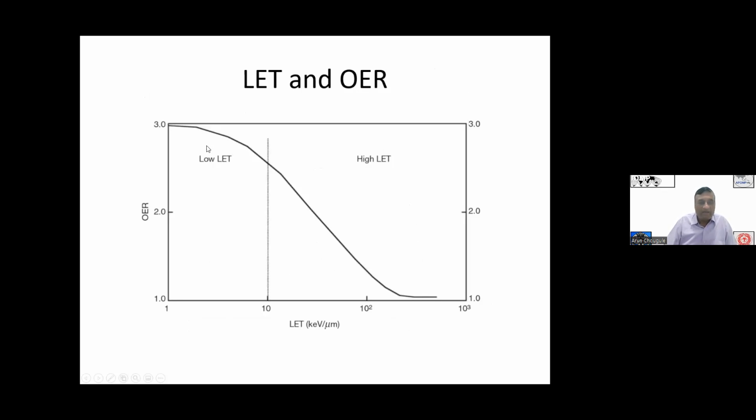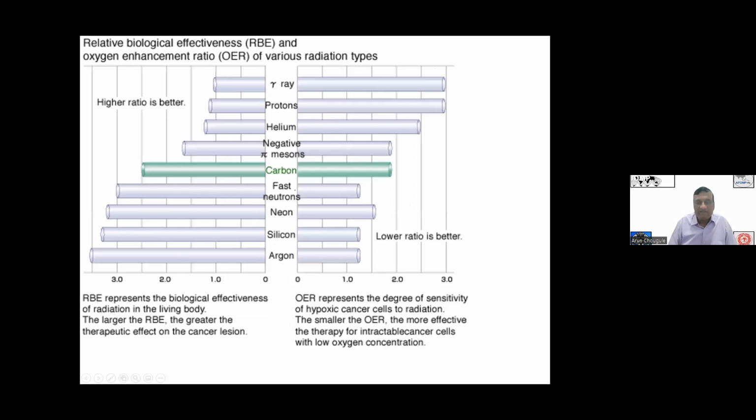Again, LET and OER: you see here, for low LET radiation, OER is almost of the order of 3. As the LET increases, OER approaches oxygen independence, and that is very important.